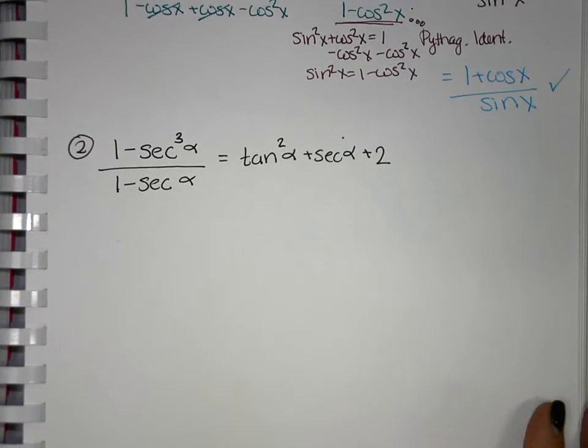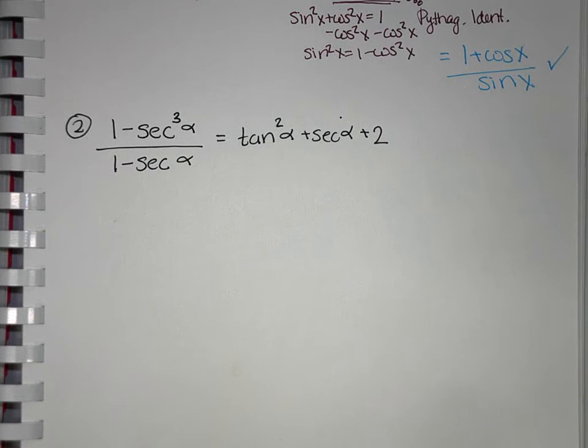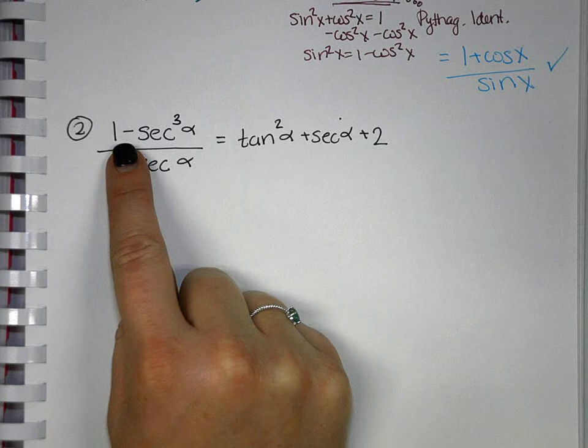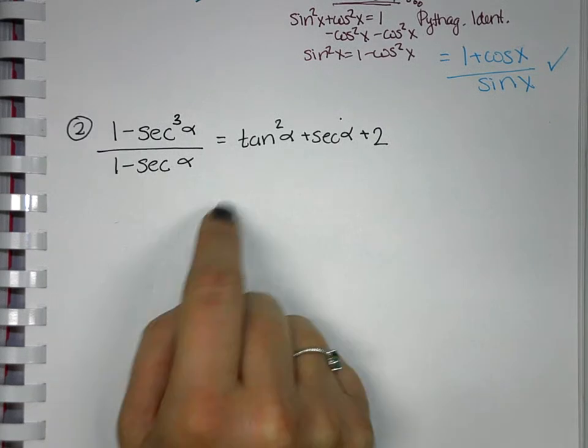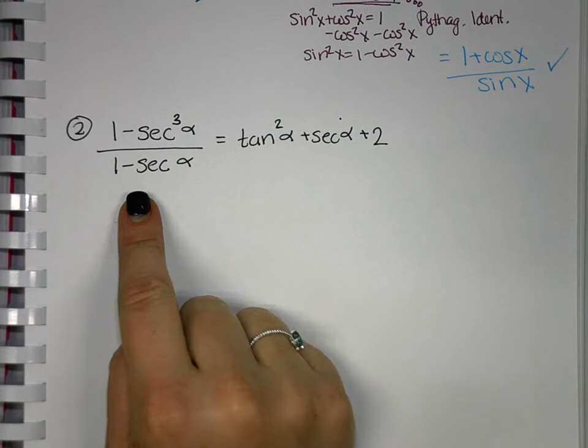So again, when I look at this to figure out what side am I going to work with and which one am I not touching, I want to see which one I can maybe see a couple things to do. So if I look at the left, up on top, I have a difference of cubes that I could factor. And then from there, I might be able to cancel something.